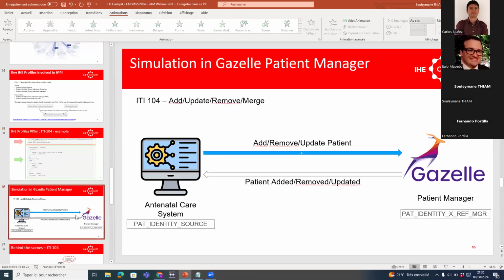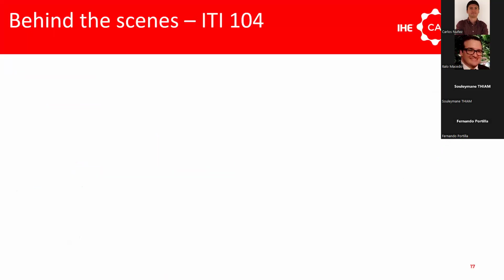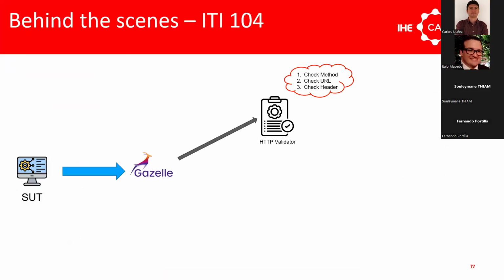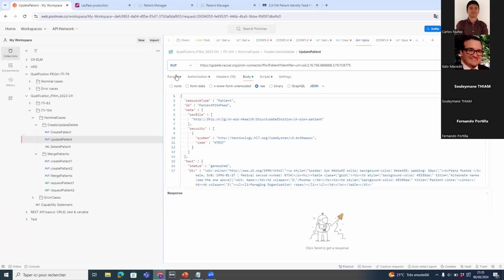So what Gazelle will do, if you send your ITI 104 to add or to remove or to merge a patient, the first thing Gazelle does is call the HTTP validator to check if the method is correct, because Gazelle needs to verify if this method corresponds to what we have in the specification of the implementation guide of the profile. If, for example, you have put and you should have delete, it will not work. So Gazelle will reject your request.